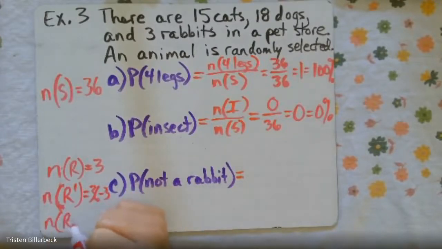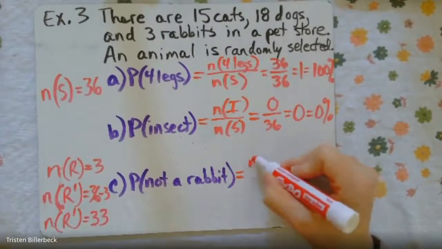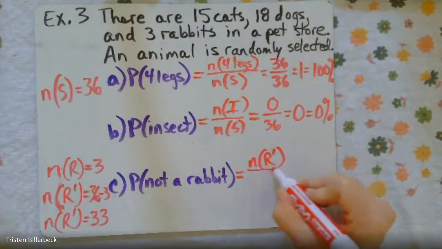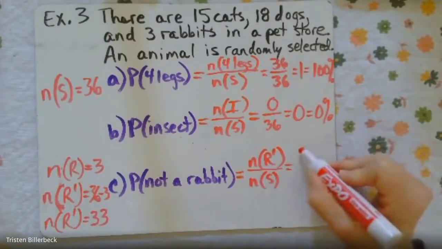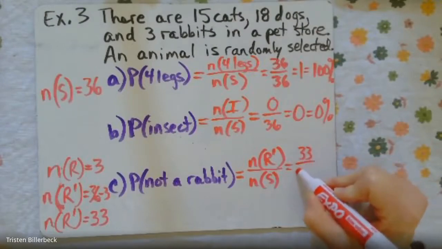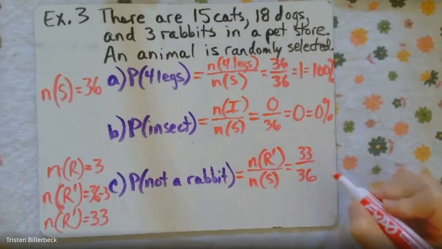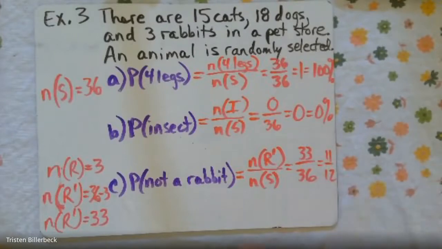So the number of not rabbits is going to be 33. Okay, so if we write the number of the complement of rabbits over the number of the sample space, we can write 33 over 36. Each of these are divisible by 3, so that's 11 over 12.